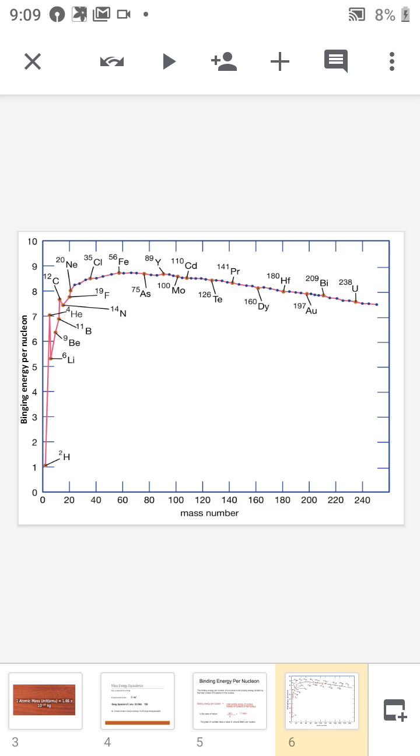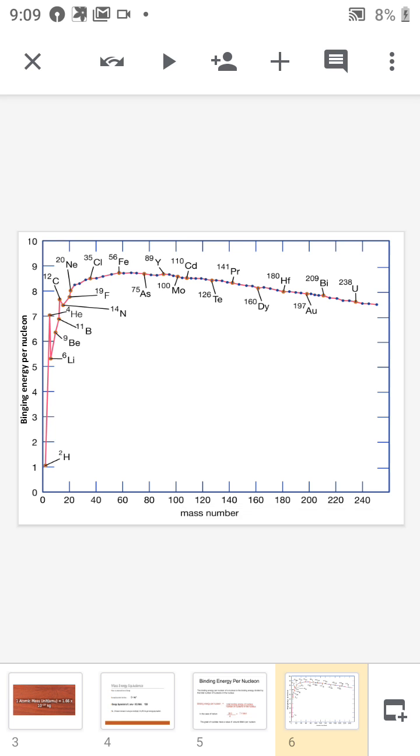See here, iron with mass number 56, and others such as arsenic 75. These are some of the stable nuclei, belonging to a binding energy per nucleon of 8 million electron volt. But when we move downwards to mass numbers from 0 to 50, the binding energy per nucleon is a little lower than 8.